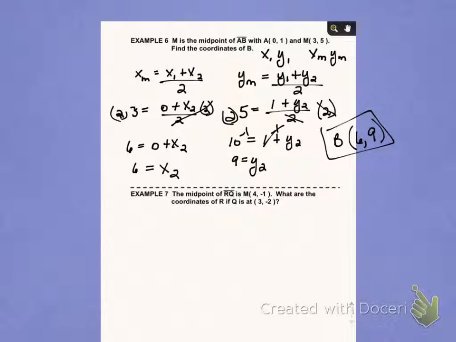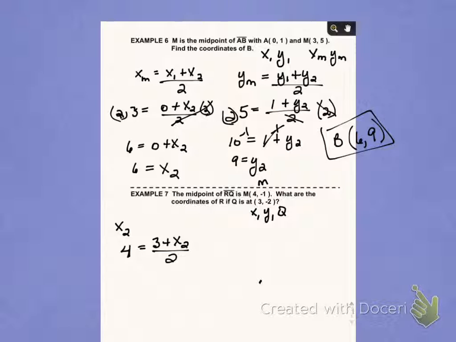Alright, let's do the same thing on example 7. Here is your midpoint, and here is your Q. Now you could make this x2 and y2 if you want to, but we'll make it x1 and y1. And then do the same thing. We're going to look for x2 is what we're going to solve for here. So to do that, you're going to have your midpoint, 4, is equal to 3 plus x2 over 2.